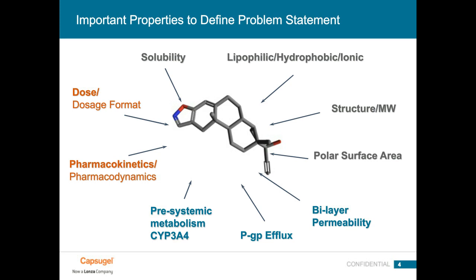Also in blue are some of the pre-systemic metabolism and permeability effects that we need to think about when formulating a compound. And then also in orange on the left, things like what the dose needs to be to reach efficacious levels, and what the pharmacokinetics and pharmacodynamics of the drug are that lead to the PK profile that we need for that compound.